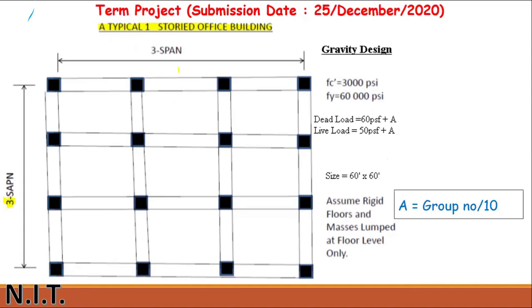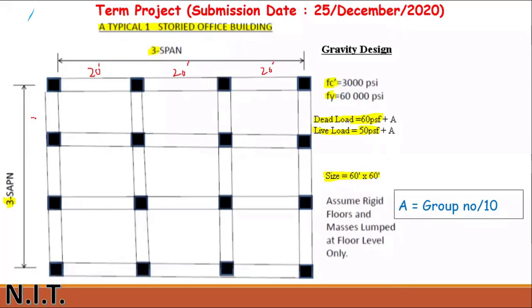There are 3 spans inside it. FC prime value is 3000, FY value is 60,000, dead load is 60 PSF, live load is 50 PSF. Size of the building is 60 feet by 60 feet. It means each panel dimension is 20 feet, 20 feet, and 20 feet.